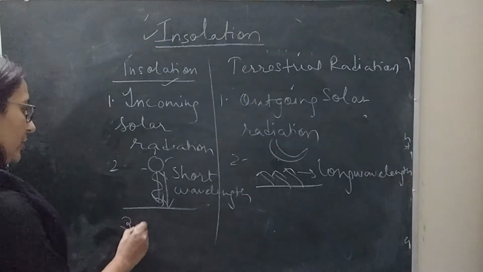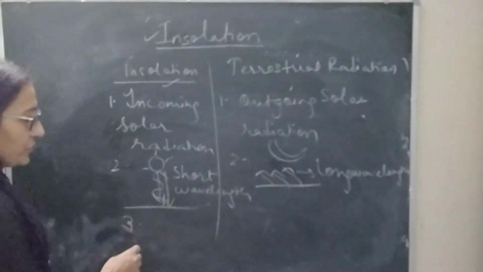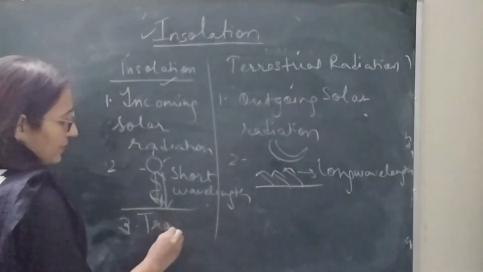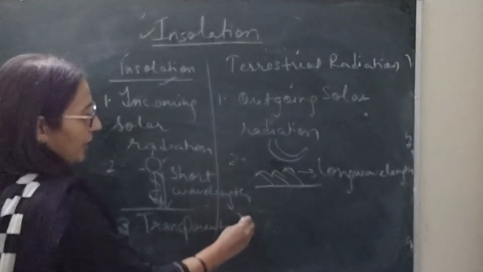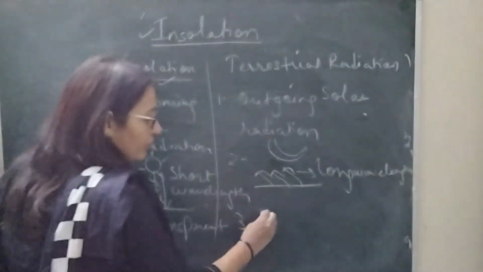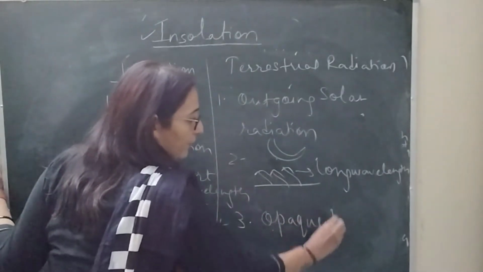Third, we have to understand that when incoming solar radiation reaches the earth, the atmosphere acts as a transparent medium, and during terrestrial radiation, the atmosphere acts as an opaque body.